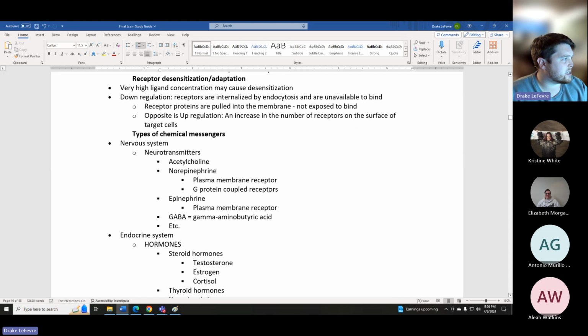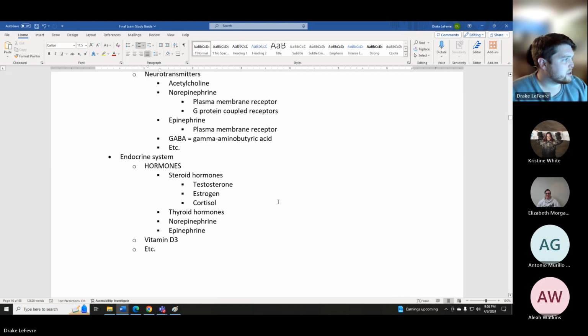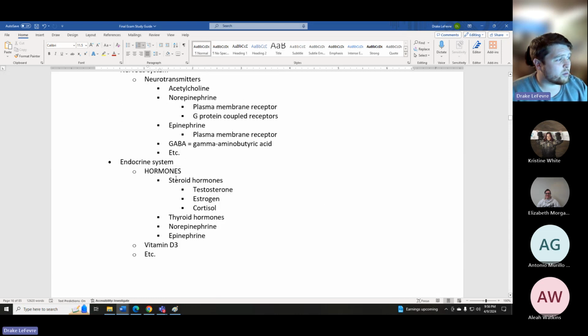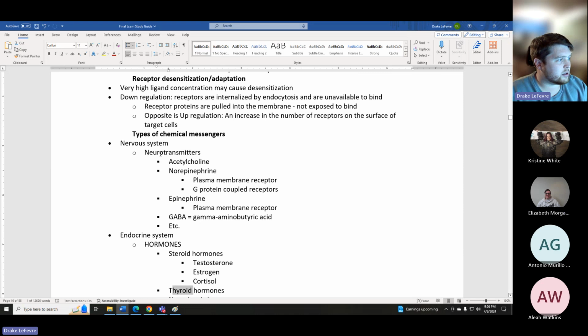G protein coupled receptors. Some of this stuff will come back, remembering the hormones, like the steroid hormones, the thyroid hormones, the transmitters. Remember the kind of receptors that they bind onto. For example, acetylcholine, norepinephrine, those guys have the plasma membrane receptors.